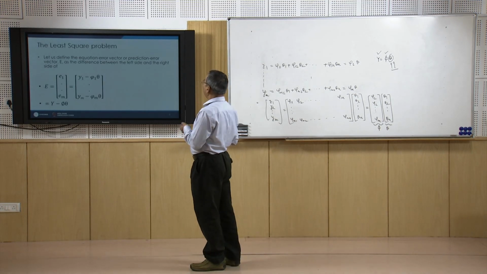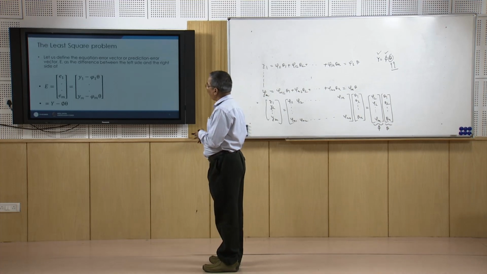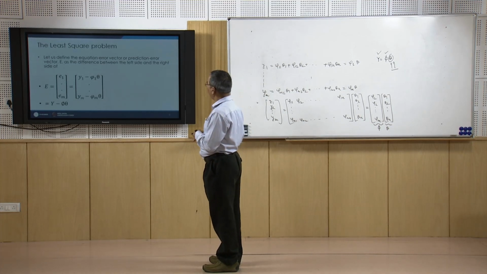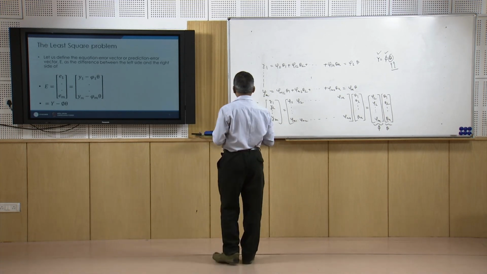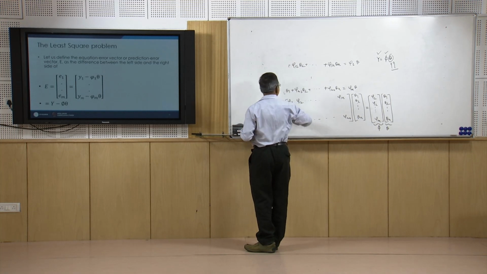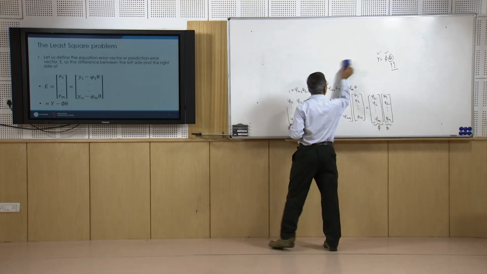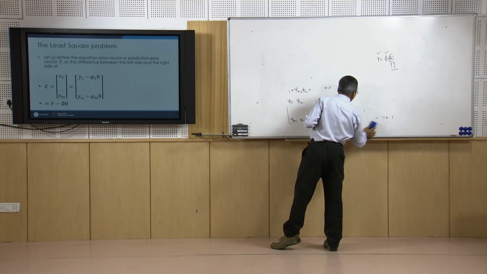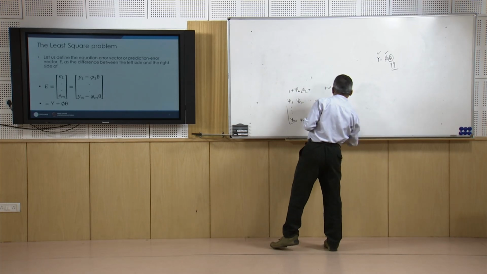Now, in the least square problem, what we do is that we define the error vector. Okay. So, the error vector can be defined, and this error vector will be basically y minus phi theta.